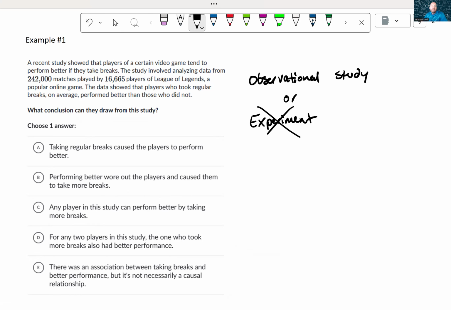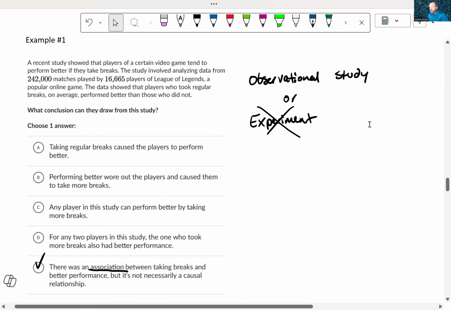Players with more free time might take more breaks. The study can't separate all these possibilities from the effect of taking breaks. So there can be many reasons people are taking breaks. For that reason, we can't say there's causation. This is observational, and so this is an association. So this one is E. Observational studies show associations.